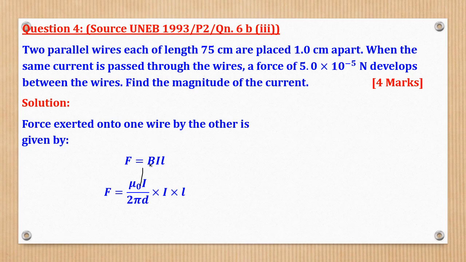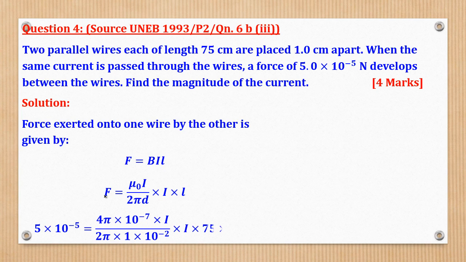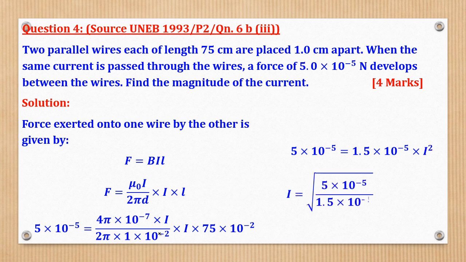So B is this, IL. Because they said the same current, I1 and I2 are the same, that's why you see I and I here. So I can substitute the force, the constant, the current I don't know so I leave it as an unknown, the length I know and convert to SI units, 2 pi, then the distance converted to SI units. You realize that you have only one unknown, so simplify and take the square root to get the value of the current they wanted.